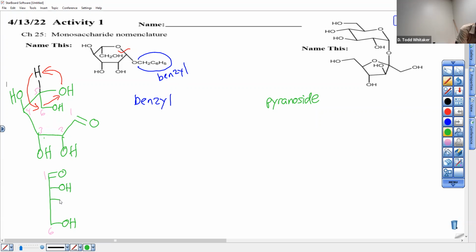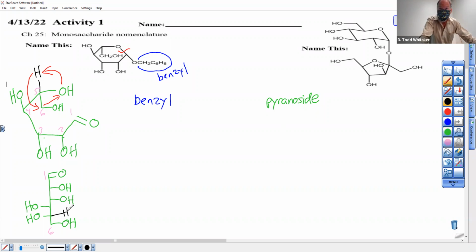Carbon 3, down right. Carbon 4, up left. After the rotation, carbon 5, up left. It rotated to where the hydrogen was. Hydrogen rotated to down right. And there you go.